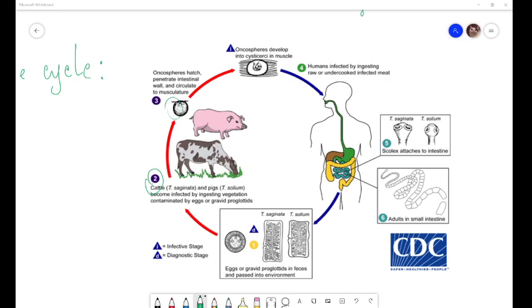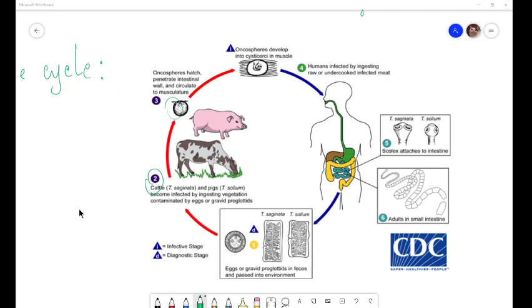The eggs contained in the gravid proglottids are released after the proglottids are passed with the feces. Taenia saginata may produce up to 100,000, and Taenia solium may produce 50,000 eggs per proglottid, respectively. Okay, where can we meet these tapeworms?